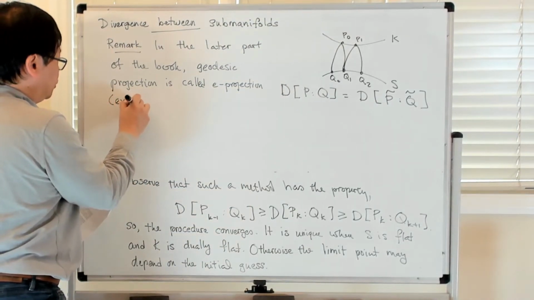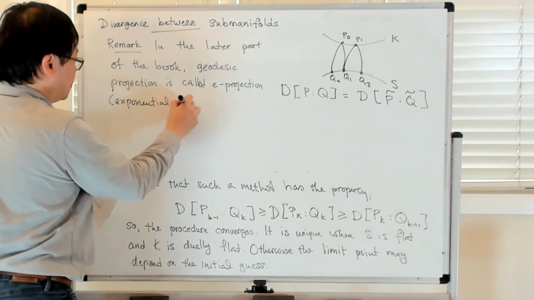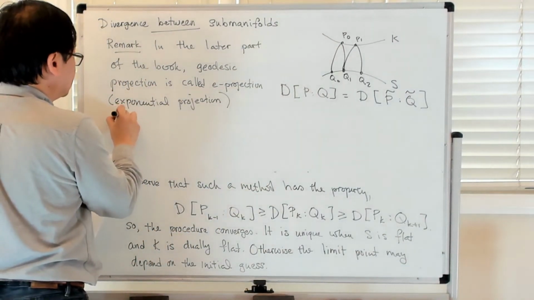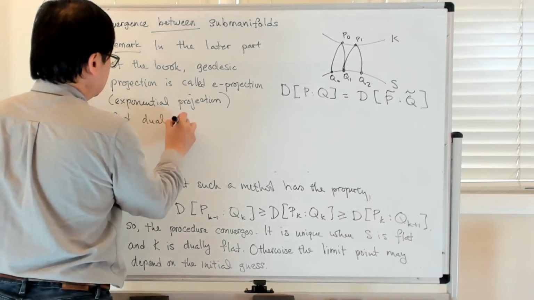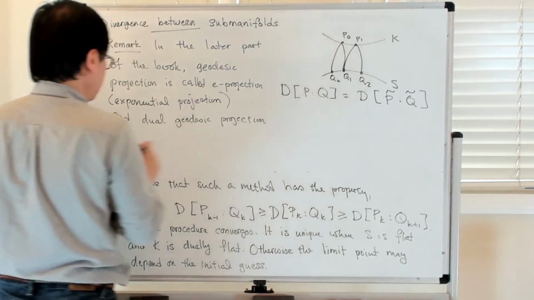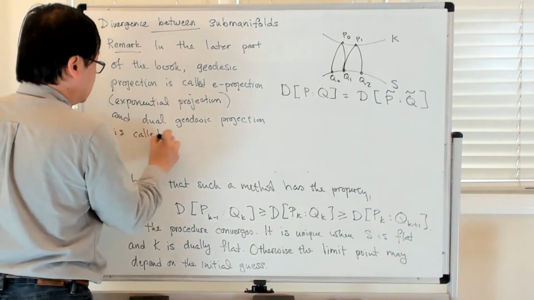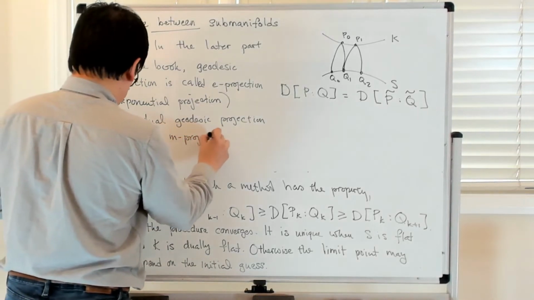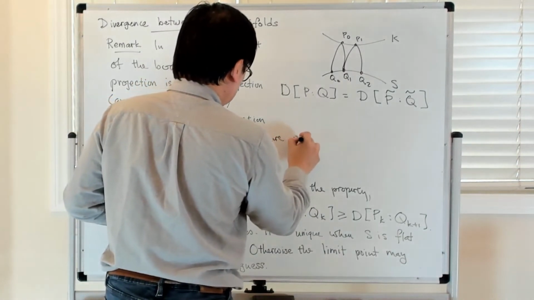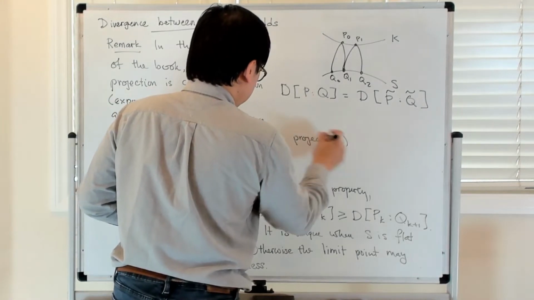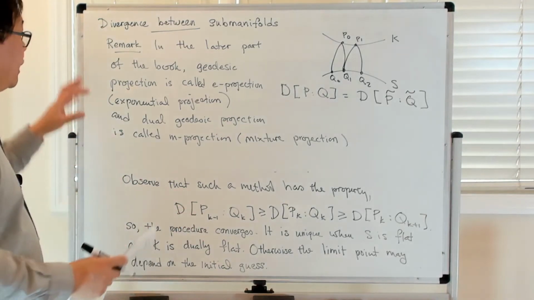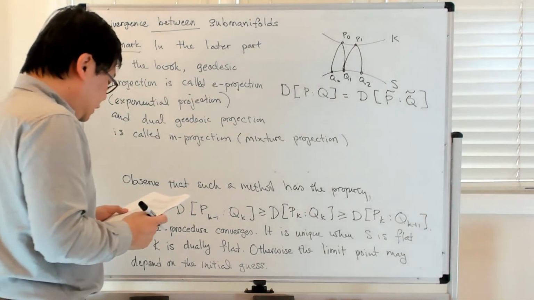So this is exponential projection. And dual geodesic projection is called M projection, which is called the mixture projection. And that's because the exponential families and the mixture families are going to be dual in some very, very natural sense along the lines of what we've discussed before, okay?